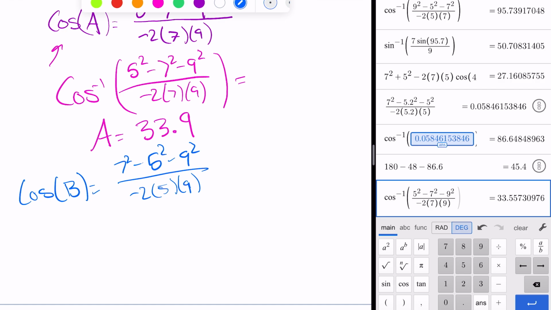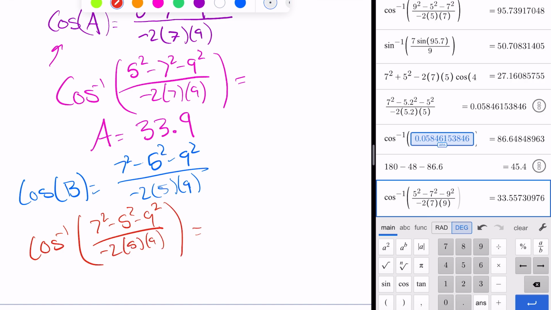Now, once again, I'm going to have to take the inverse cosine. And if I want, I can just do this all in one calculation.